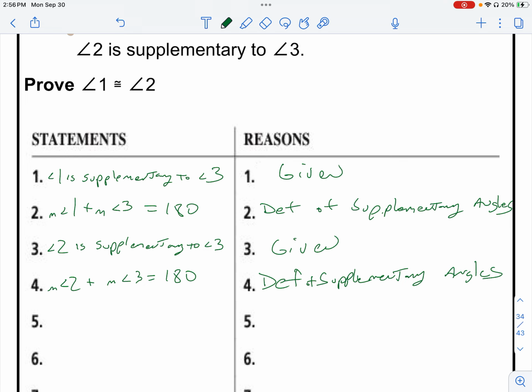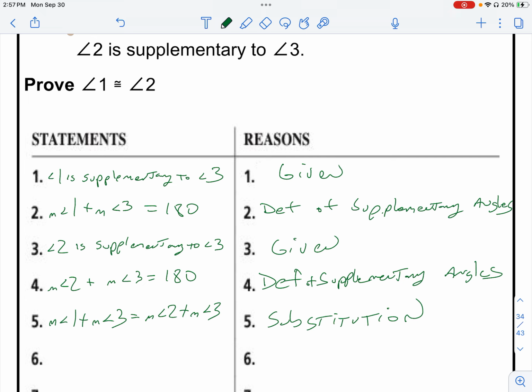So I can just use some fancy substitution and plug in: the measure of angle 1 plus the measure of angle 3 equals the measure of angle 2 plus the measure of angle 3. Substitution. And you can see how easy it is to skip steps if you're not paying attention and going step by step.